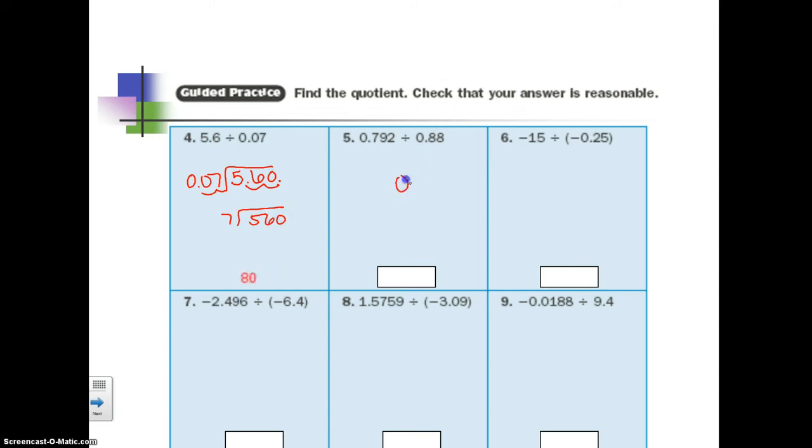Number 5, set it up, you move the decimal over twice, 88 into 79.2, got 0.9. 16, just kind of ignore the negatives, just know that it's going to be a positive at the end.